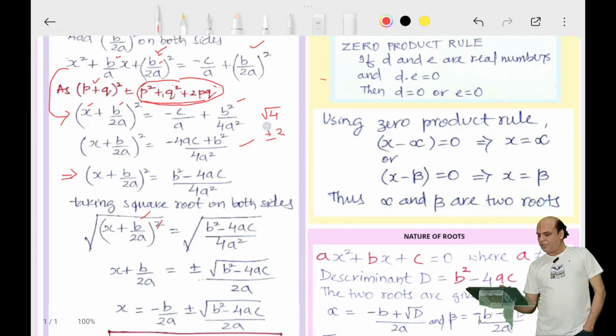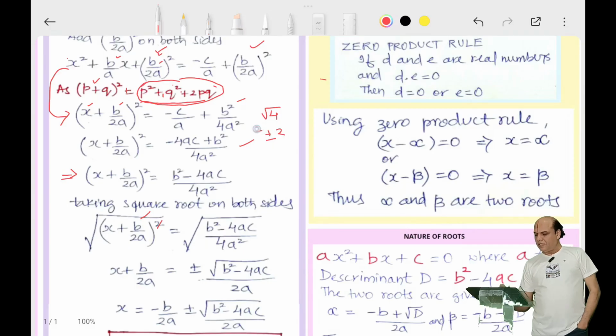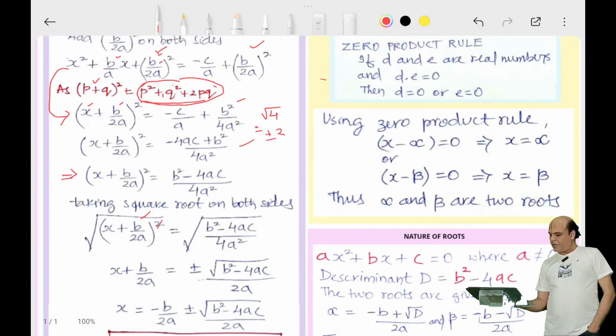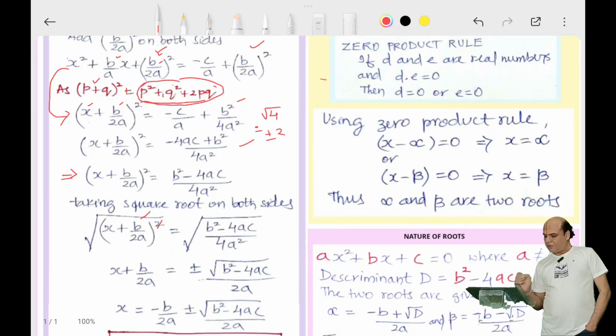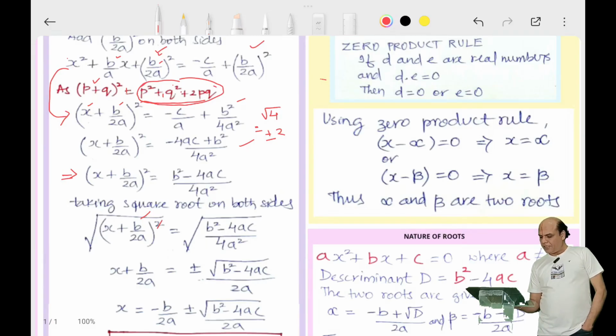Likewise, the square root of b square minus 4ac by 4a square could be plus or minus under root b square minus 4ac by 2a. So here I am taking the root of the denominator, where the root of 4 is 2 and the root of a square would be a. Clear?